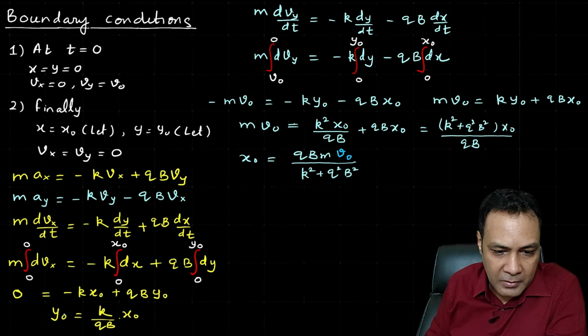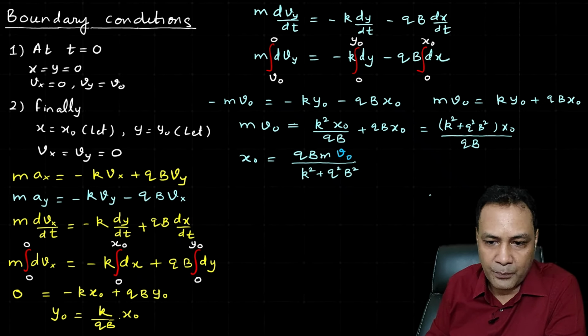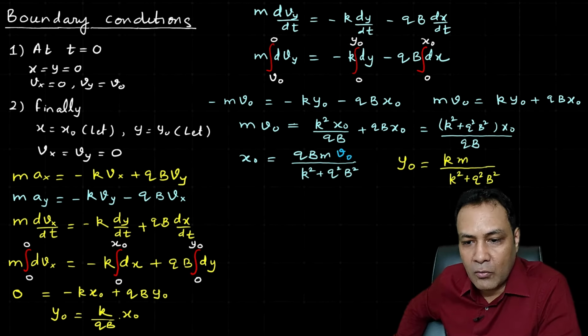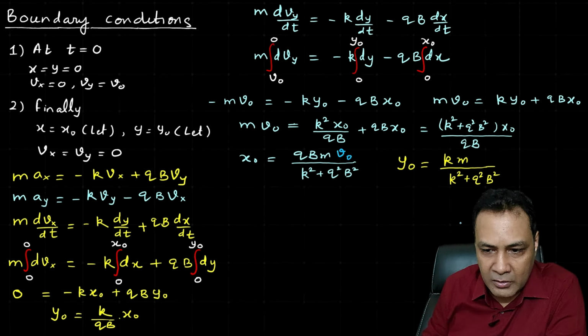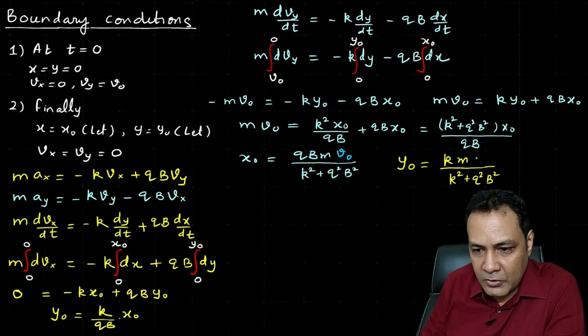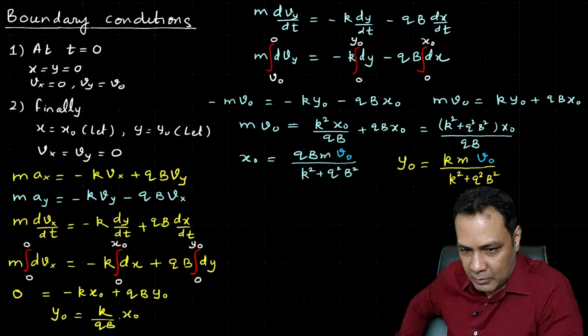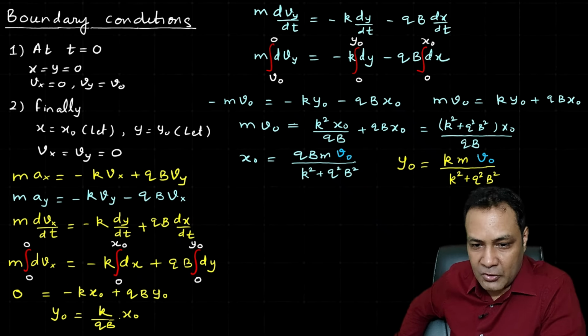And then y naught is equal to k by qB x naught, so put the x naught from here, and we will get y naught is equal to km V naught divided by k square plus q square B square. So we got finally the final position where the particle stops.